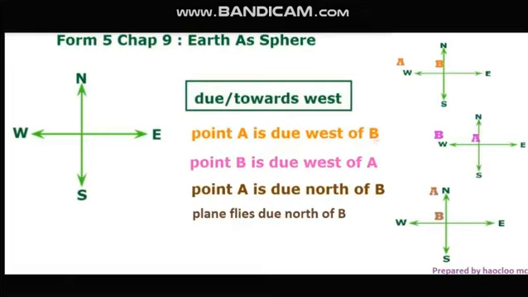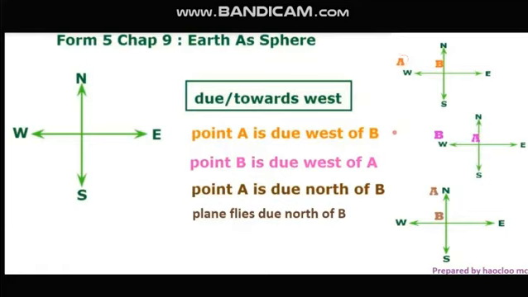B is here at the center. Where's the west of B? The west of B is here. And then it says that at the west of B is point A. So at the left hand side or the west of B is point A.